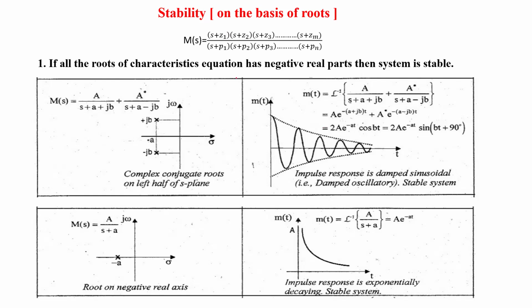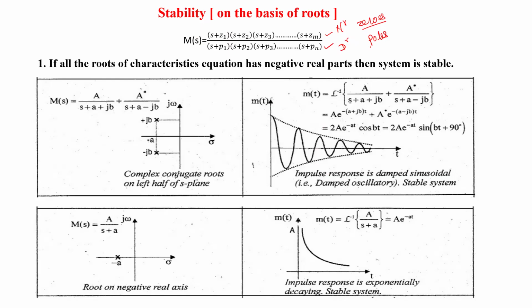So here we are seeing, suppose we have some function, we have taken M of s, it has a numerator polynomial and this is the denominator polynomial. In case of the numerator polynomial, if you try to find the solution, that is going to give us the zeros, whereas the solution or root of the denominator polynomial is going to give us the poles.